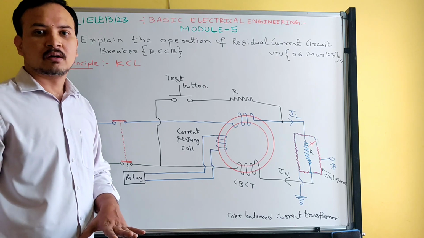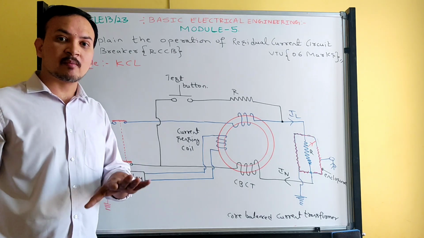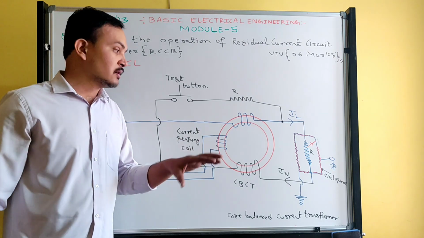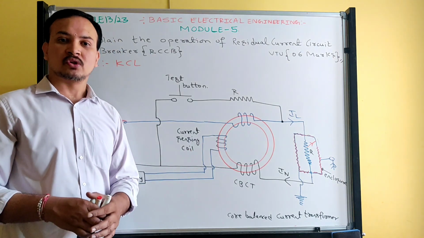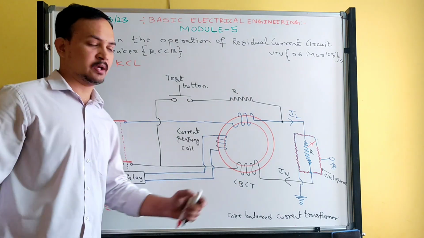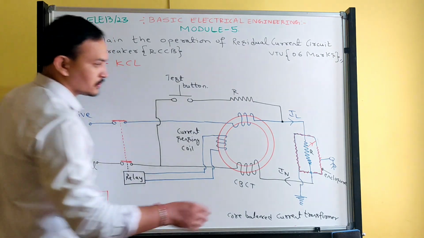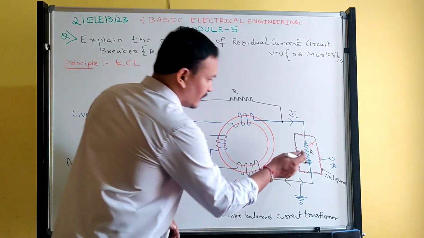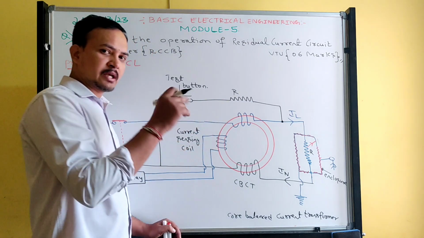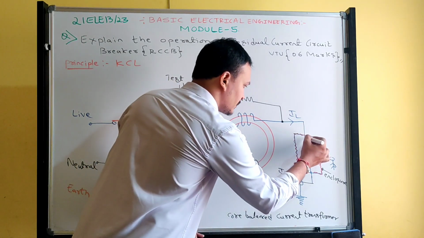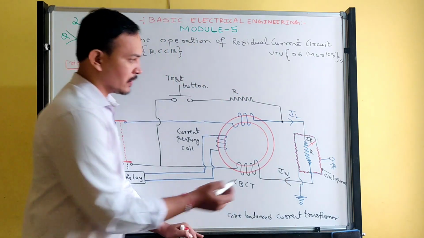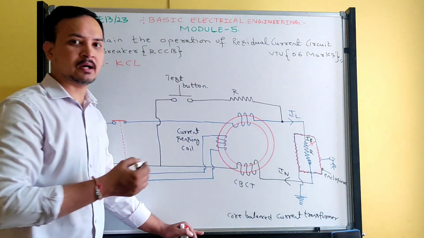If any leakage current flows in the frame of the machine and a person touches it, we can protect against shock. What is the fault here? Earth fault. If inside, a wire carrying current touches the frame, I consider that current as fault current, IF.